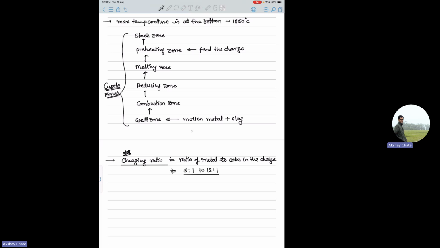What else is there? Let me just see if I missed something about cupola. Yeah, and sometimes, what happens, these temperatures are pretty high, right?